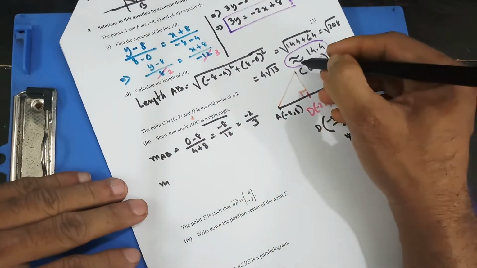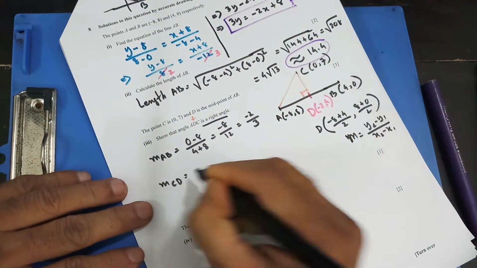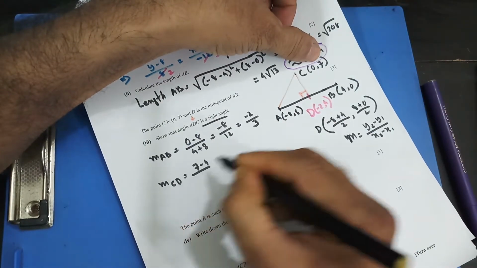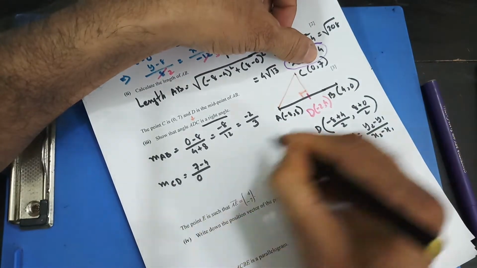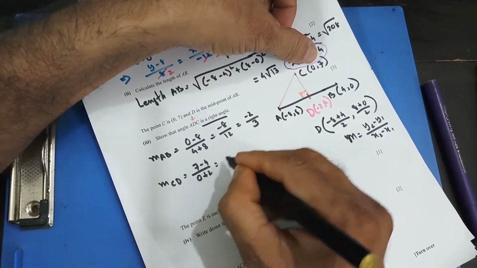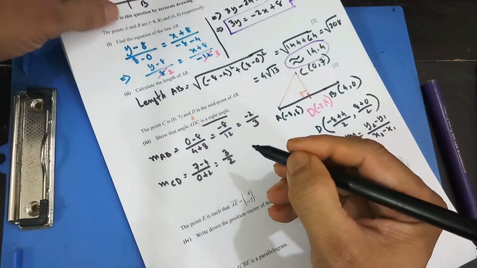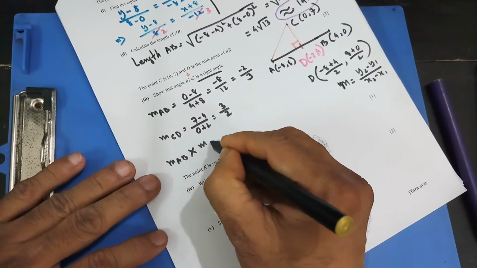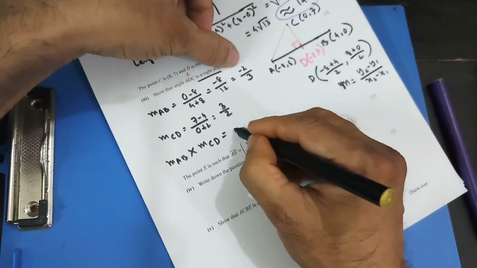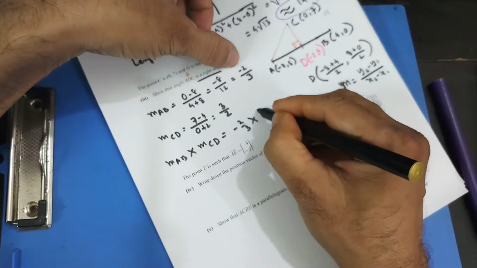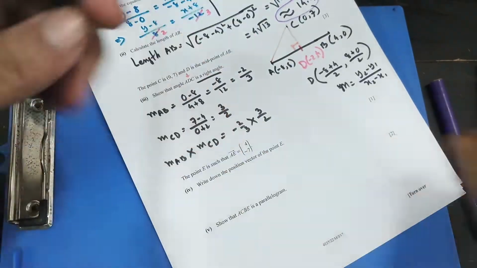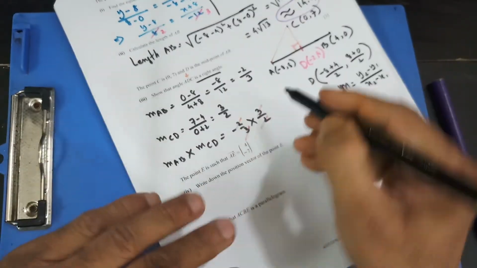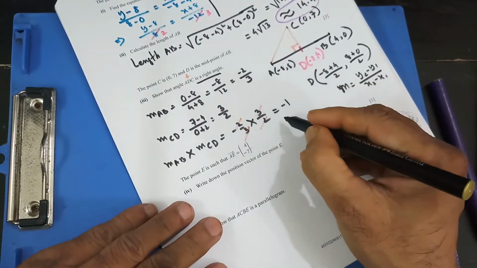And gradient of CD, same way. So 7 minus 4 over 0 minus minus 2. So that's going to be 3 by 2. Now gradient of AB times gradient of CD equal to minus 2 by 3 times 3 by 2. So this 2 cross out, this 3 cross out. So I have minus 1.